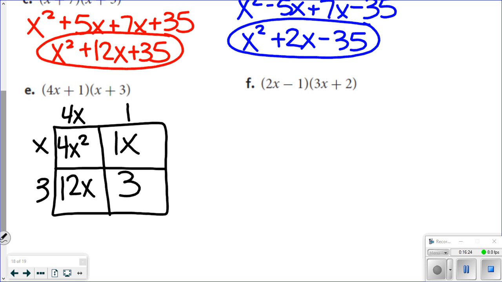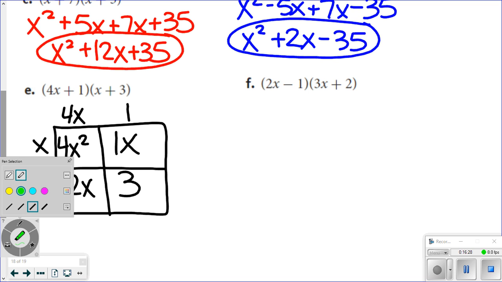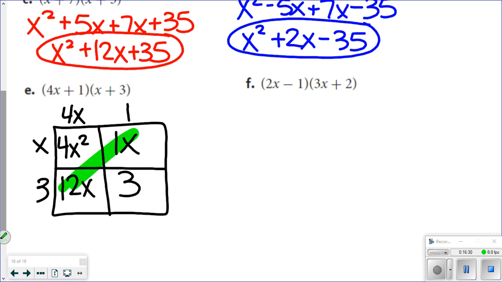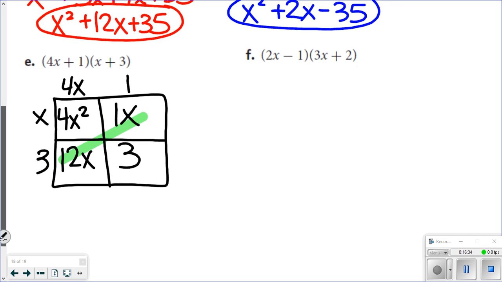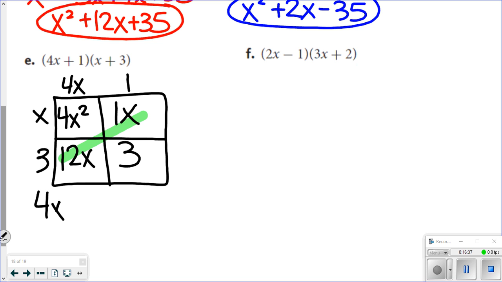Remember, we're multiplying to get what's inside the box, and then after we either add or subtract our diagonals, which are our like terms. So 4x squared plus 13x plus 3.